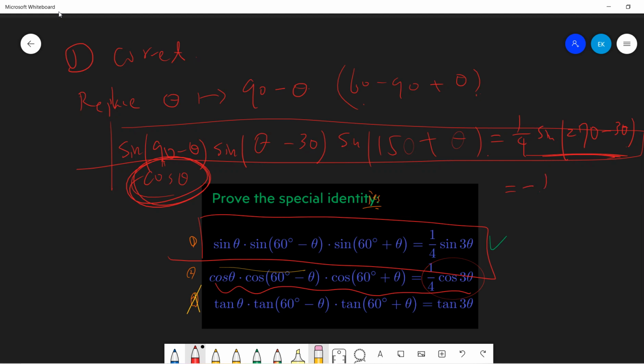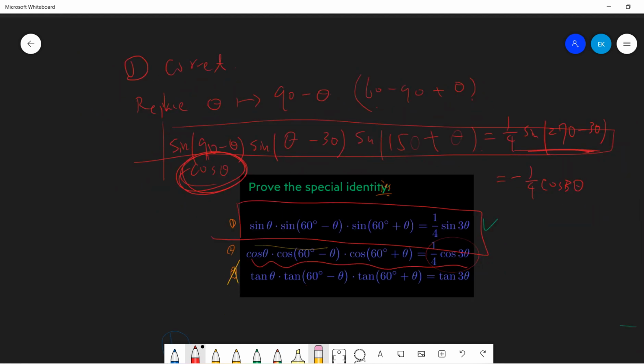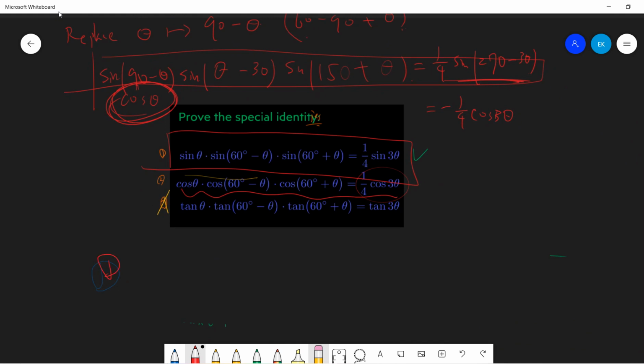So this term should be minus 4 cosine theta, cosine 3 theta. So let's see, the first equality becomes cosine theta sine theta minus 30 sine 150 plus theta equals minus 4 cosine 3 theta.